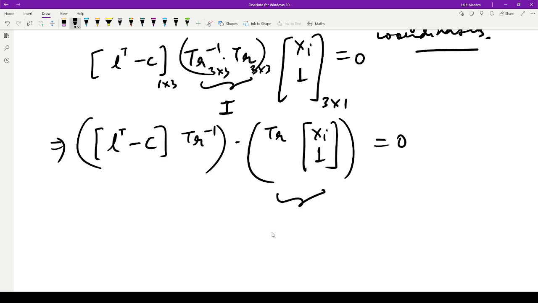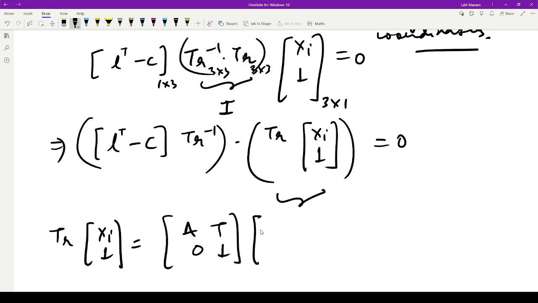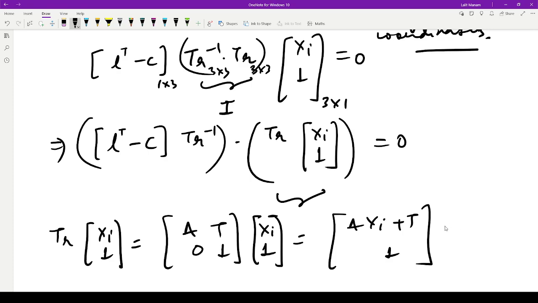So what does this give us? TR of xi1 is the transformed point. I'm just given 2D points, not an image. So what will it look like? A xi plus t, and last row is 1.